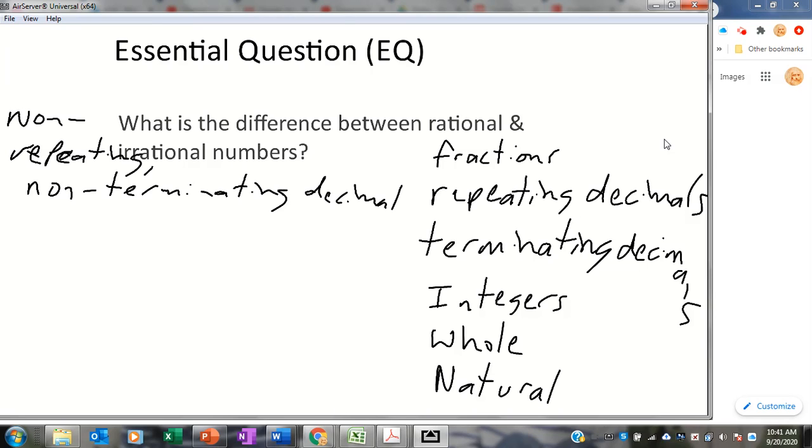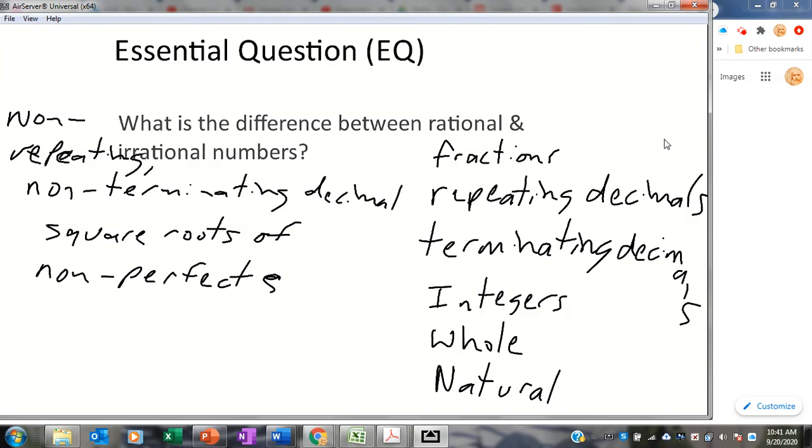So non-repeating, non-terminating decimals, or square roots of non-perfect square numbers.